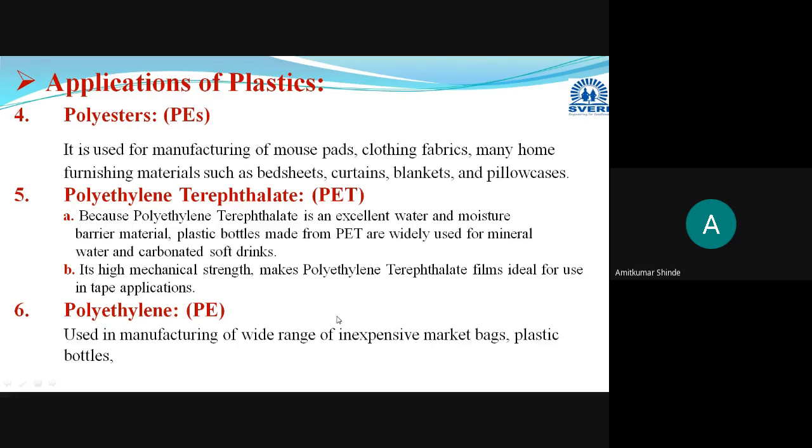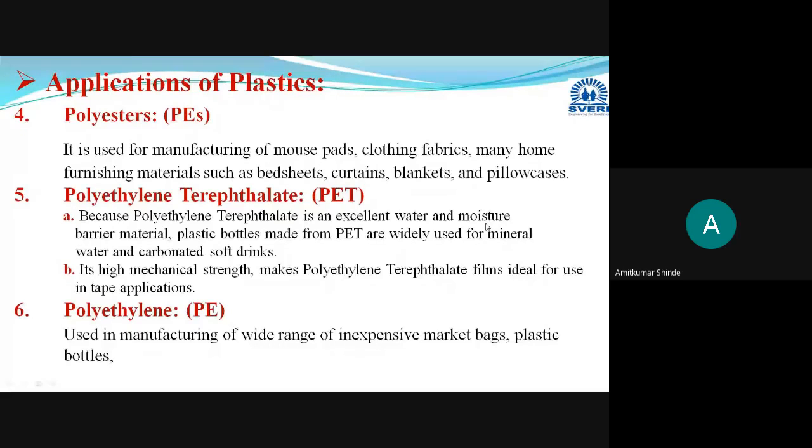Then next is PET, that is polyethylene terephthalate. This polyethylene terephthalate has excellent properties: it acts as a barrier material for water as well as for moisture.